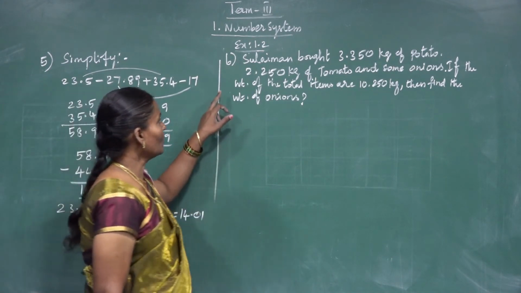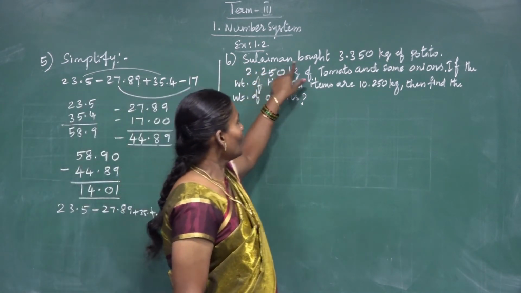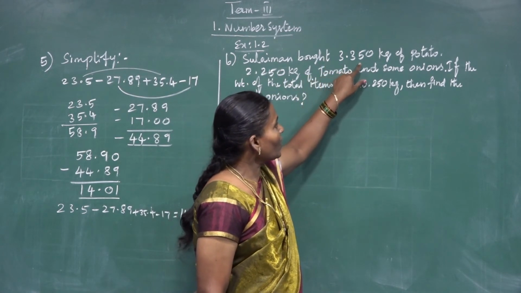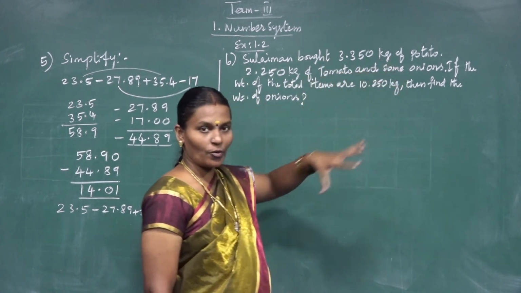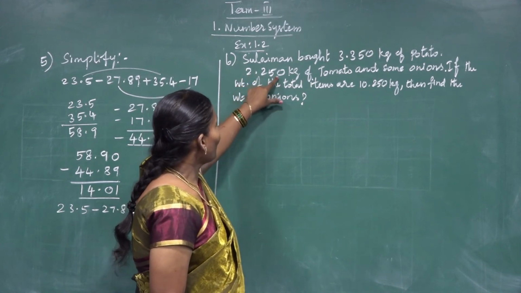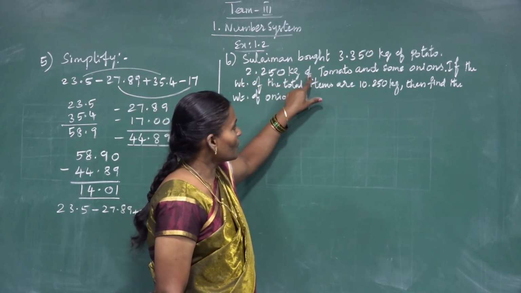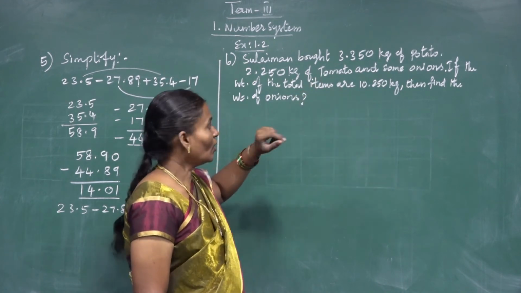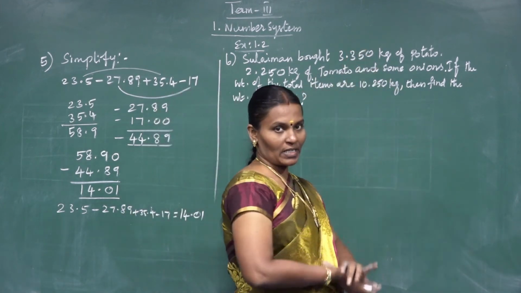Now we see the sixth one. Sulaiman bought 3.350 kg of potato, then 2.250 kilograms of tomato, and some onions.